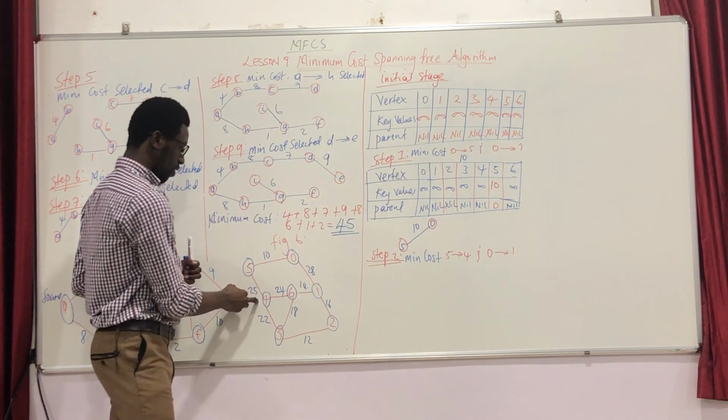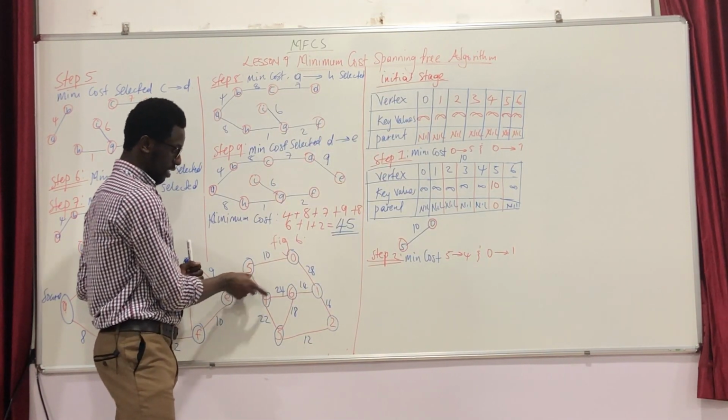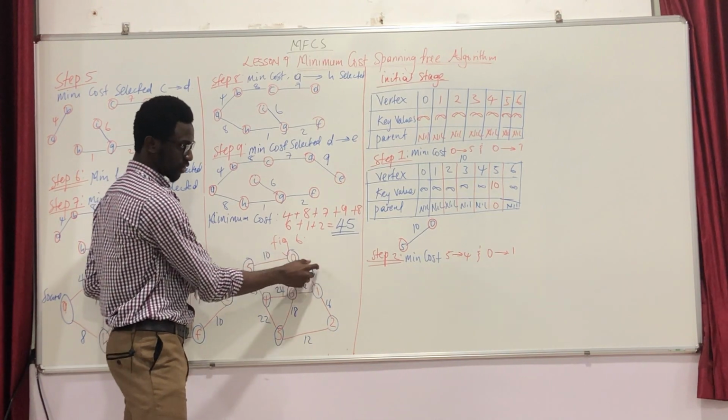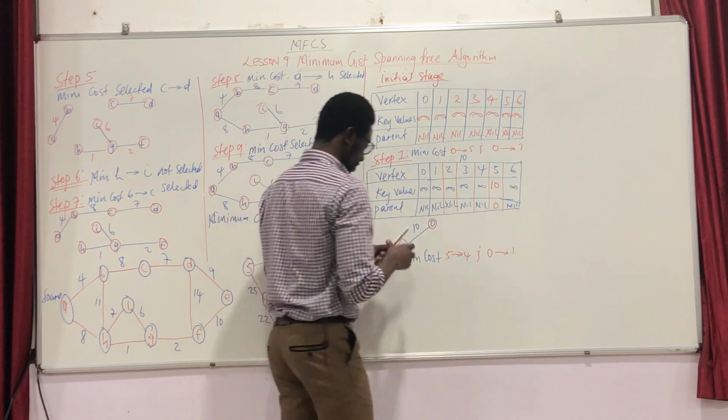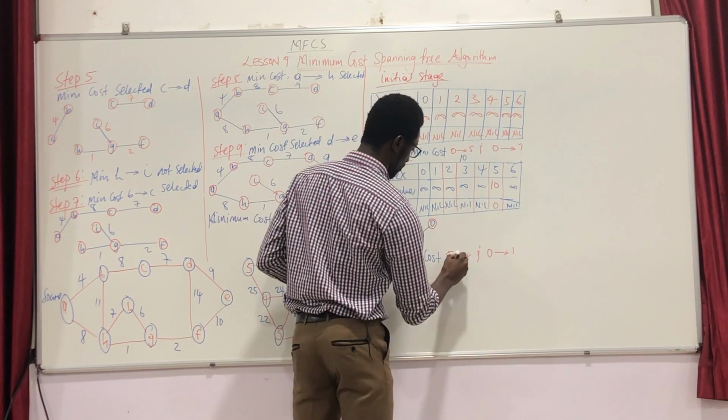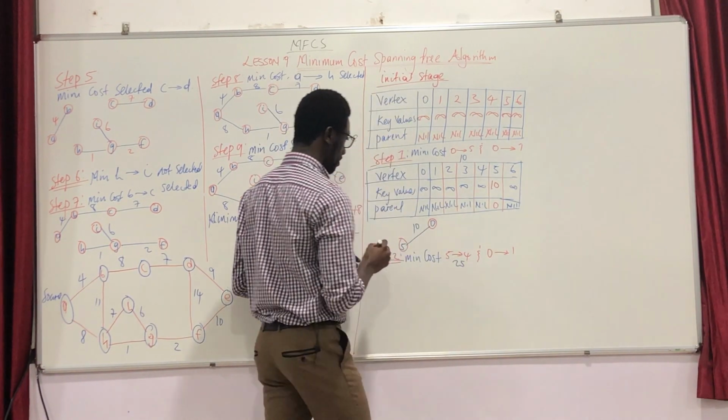So 5 to 4 has 25 weights, whereas 0 to 1 has 28. So we'll select 5 to 4. This is 25. So we'll select this.